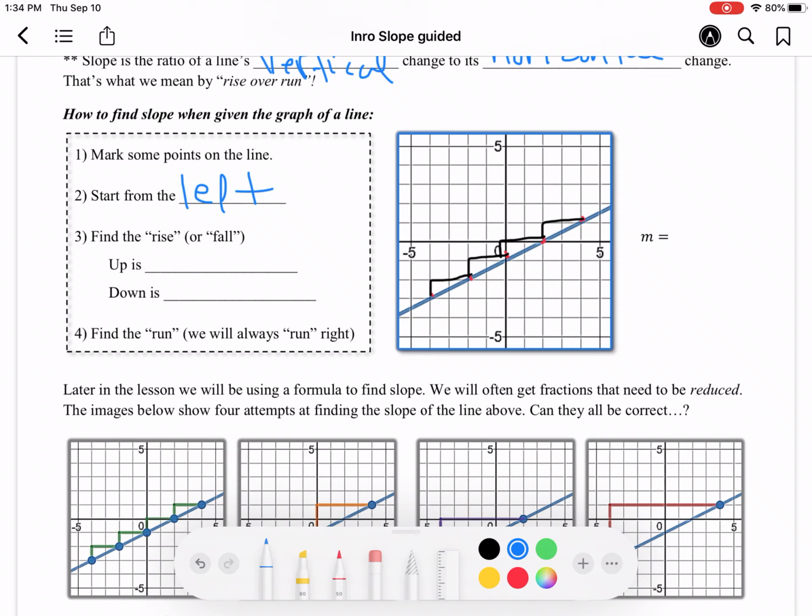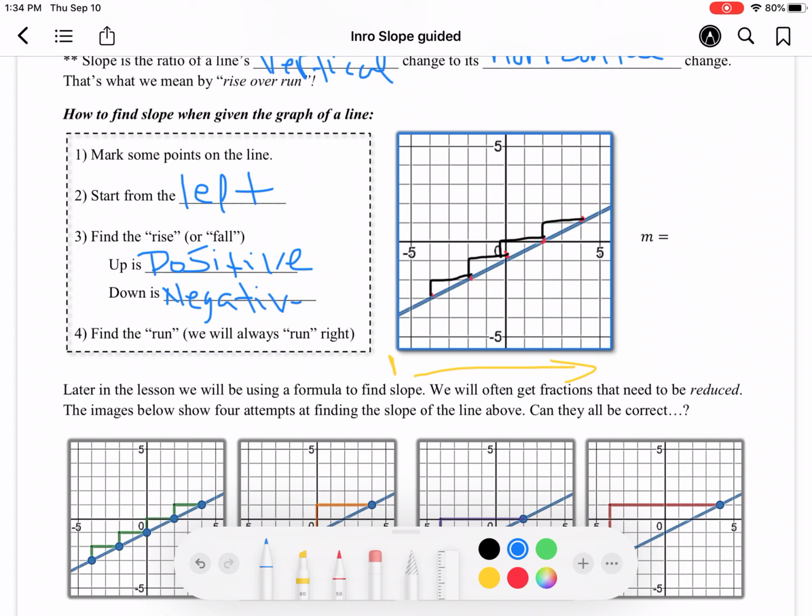And we're going to count the rise, which is the up or the fall. So in this case, starting on the left, our line from left to right goes up. Okay, so if our line goes up, our line is said to have a positive slope. If our line goes down, it has a negative slope.